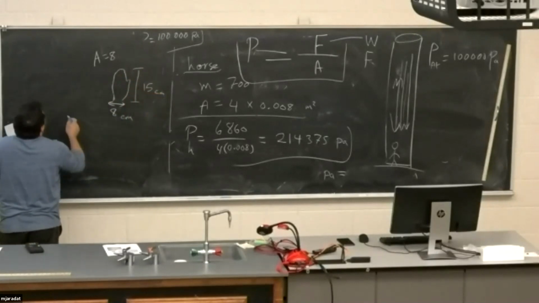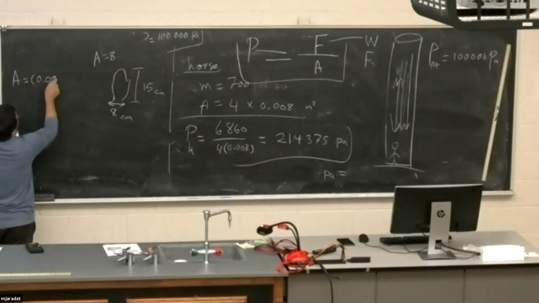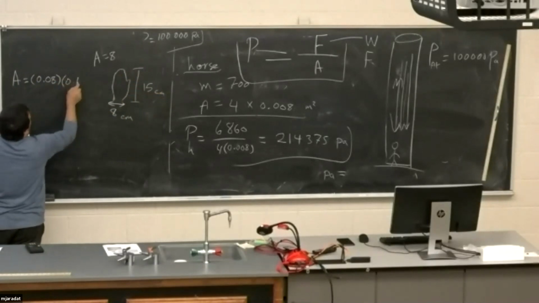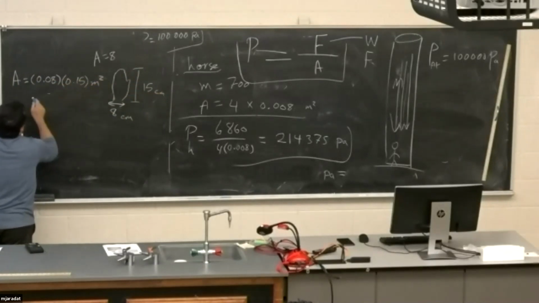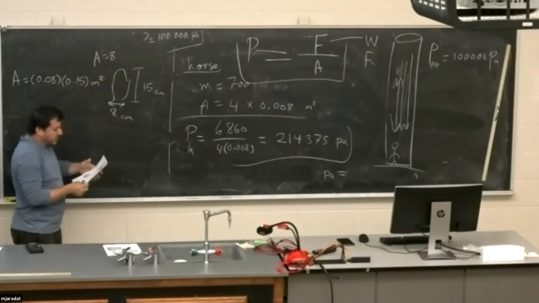So its area will be 0.08 multiplied by 0.15 meter squared. This is the area.